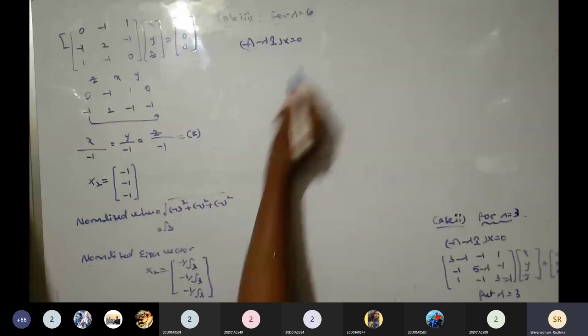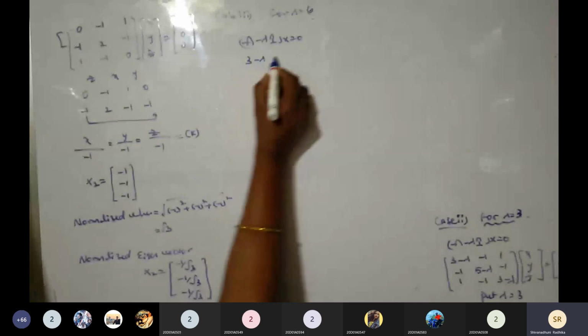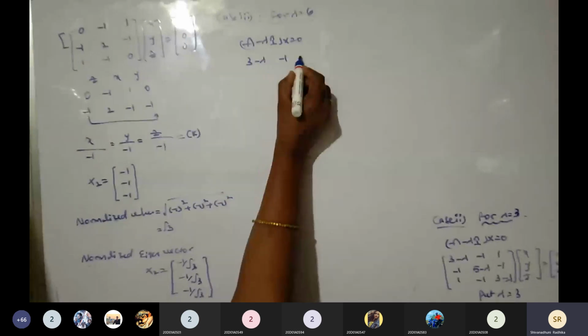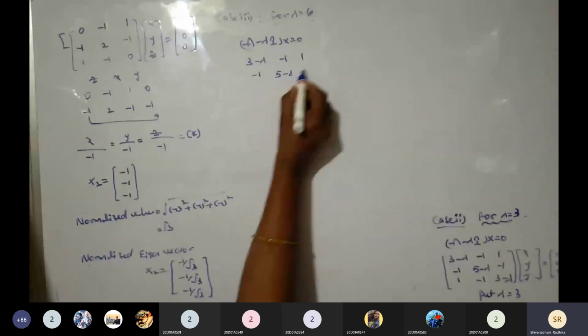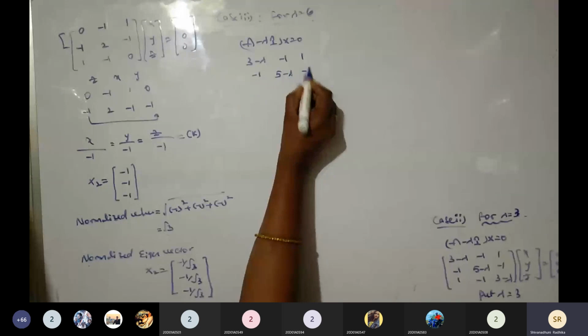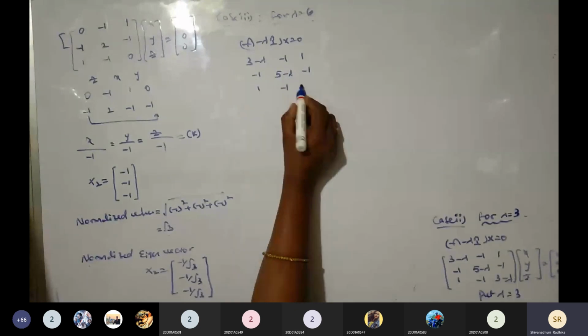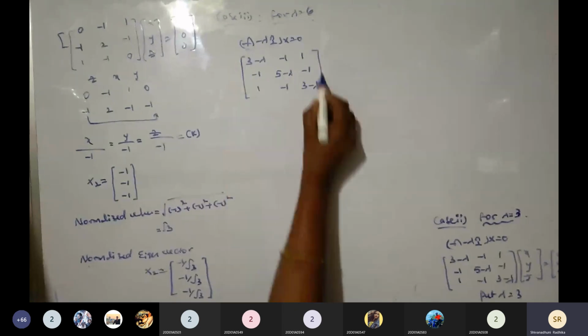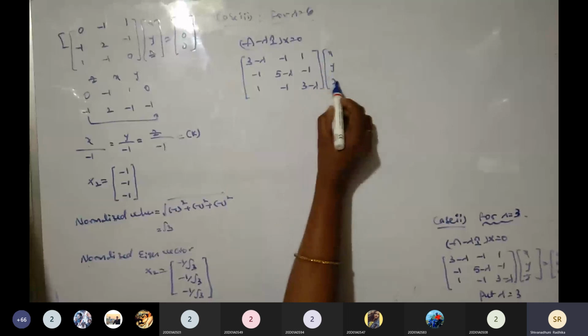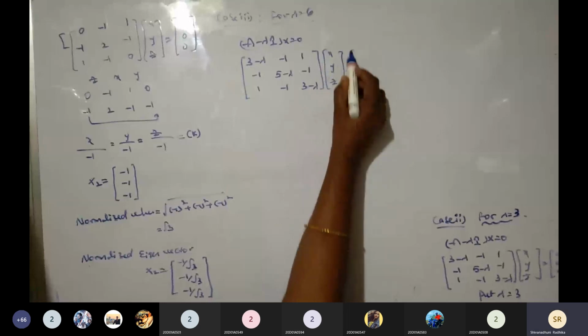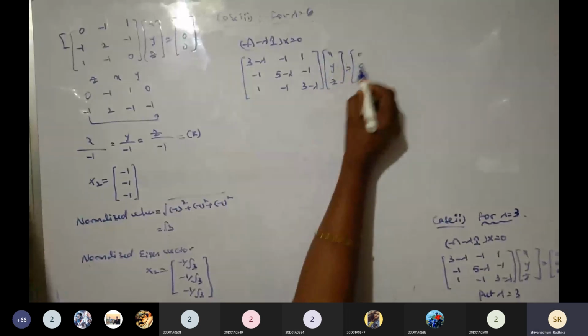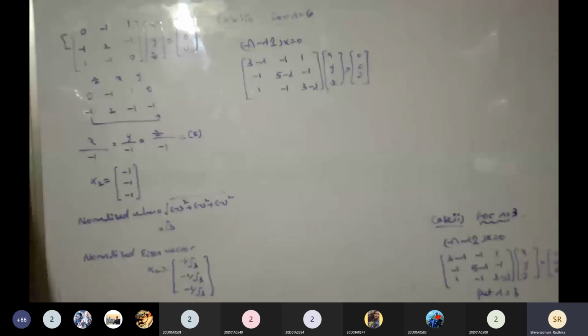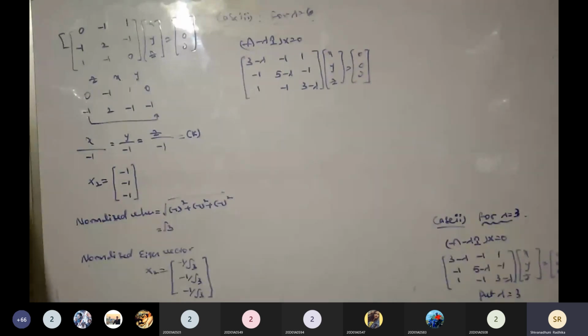Again substitute: 3 minus lambda, minus 1, 1; minus 1, 5 minus lambda, minus 1; 1, minus 1, 3 minus lambda, into x, y, z equals 0. Is it clear, all of you? Any more doubts in this?